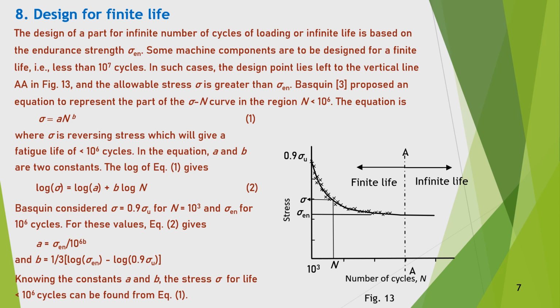For these values, equation 2 gives a is equal to sigma en divided by 10^6 power b and b is equal to 1/3 of log sigma en minus log 0.9 sigma u. Knowing the constants a and b, the stress sigma for life less than 10^6 cycles can be found from equation 1.